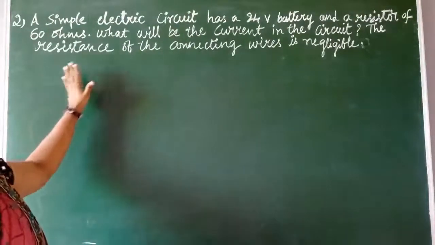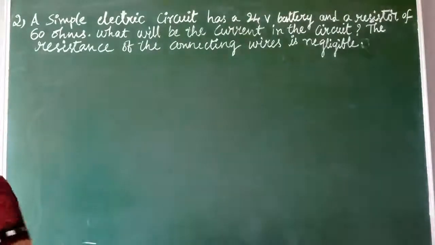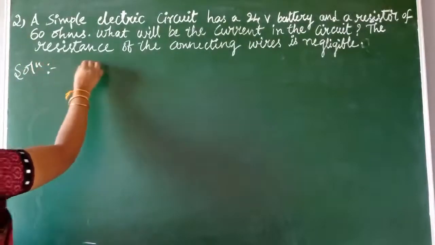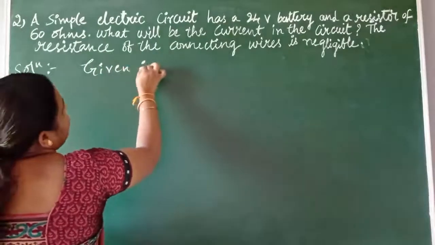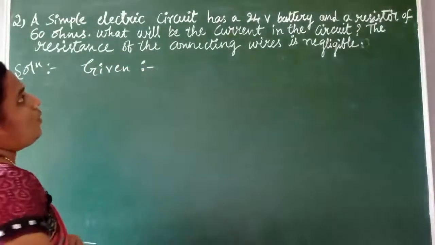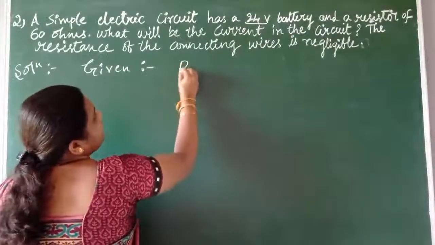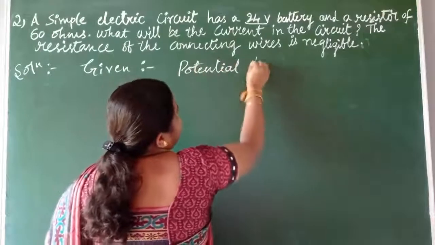What we have to find out, children, is the current value. So shall we try? What do we have to do at the very first step? We have to write the given data. What is given? The potential difference is given.